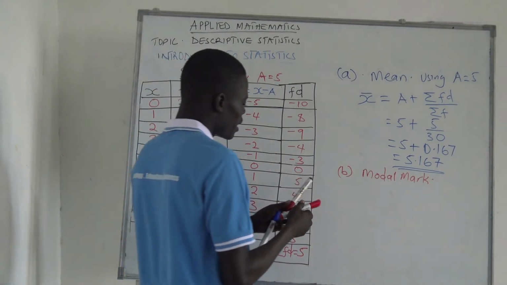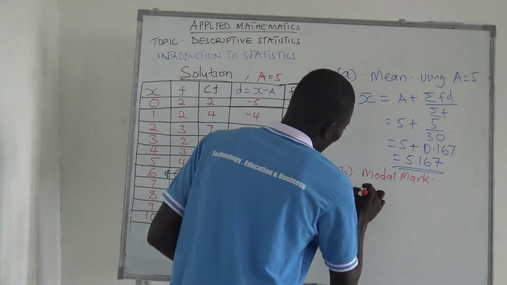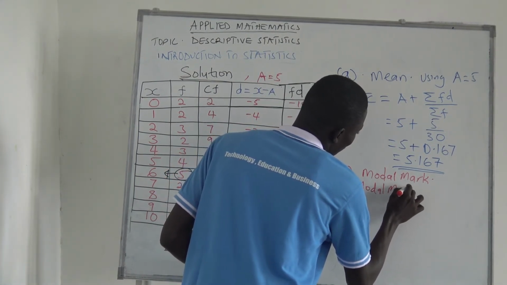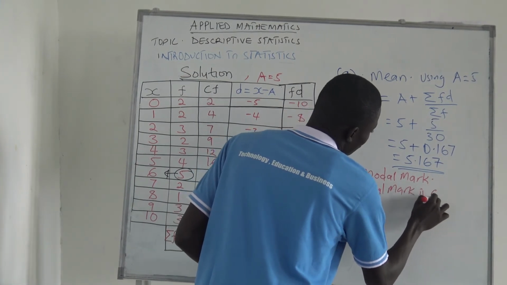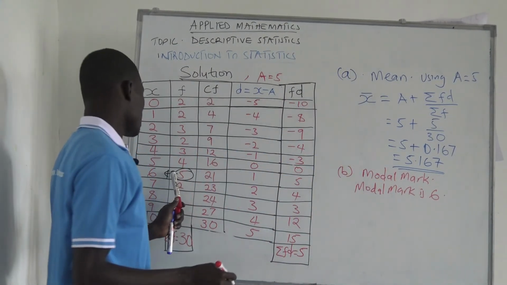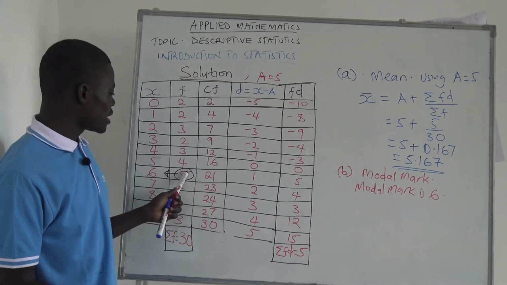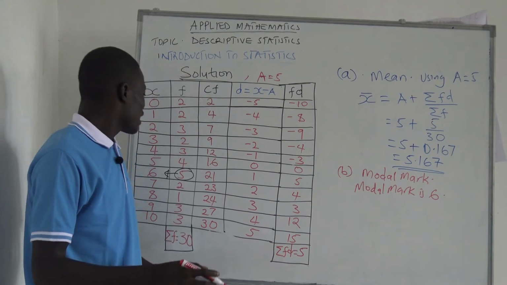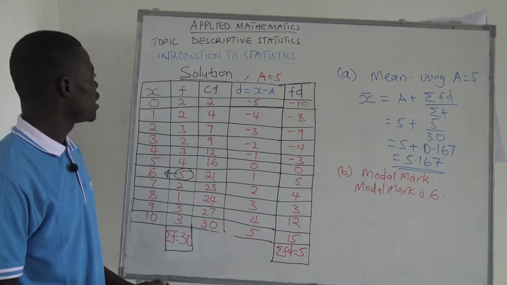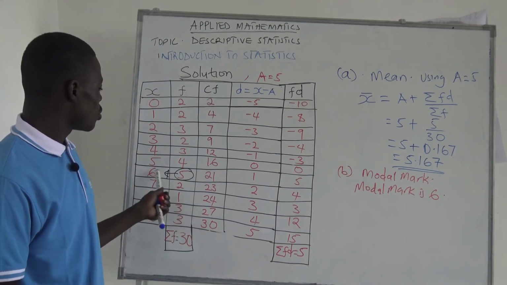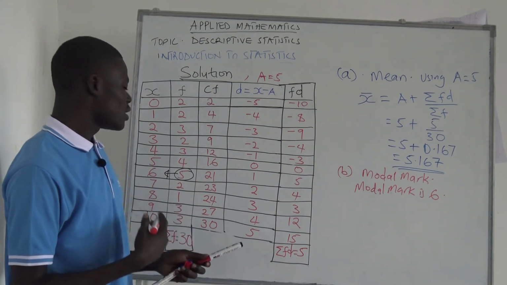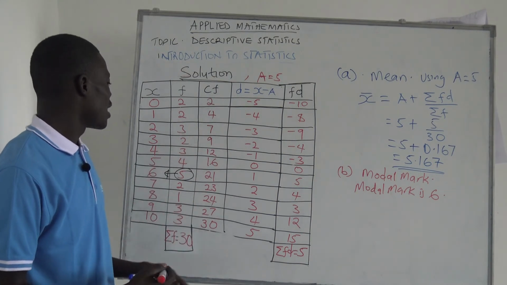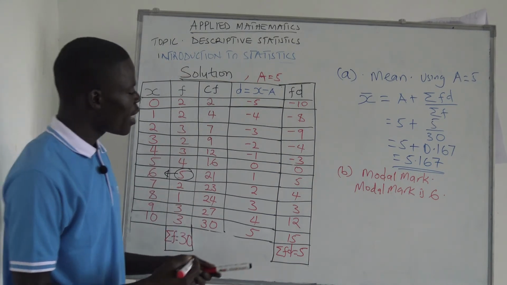So the modal mark is 6, because 6 is the one appearing most. It is appearing 5 times, more than any other mark in that test. So those people who got 6 out of 10 are more than people with any other number. So that one becomes our modal mark.